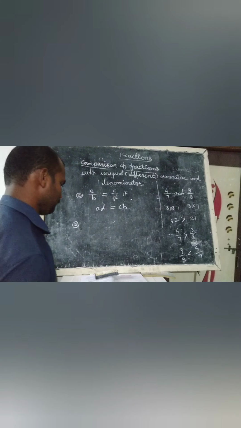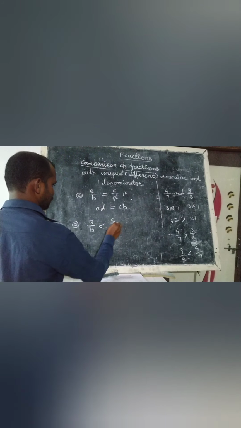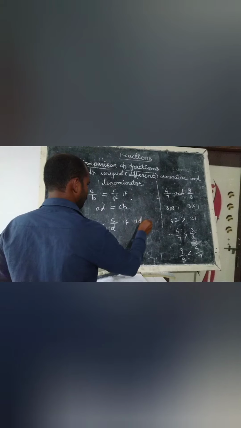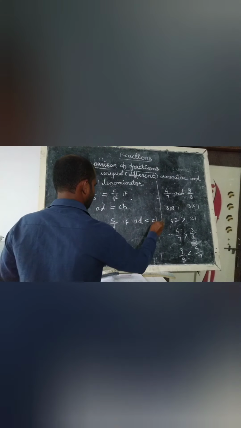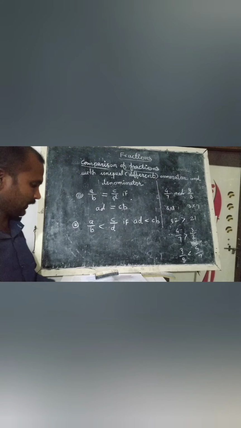One more, the third possibility: A upon B is smaller than C upon D if A into D is smaller than C into B. So in these three ways we can check.